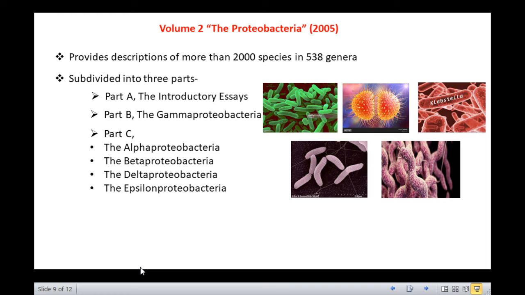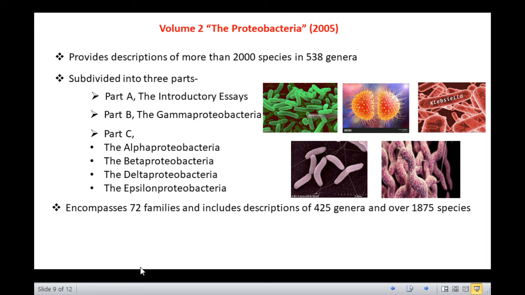The volume on the Proteobacteria provides a comprehensive view of the Proteobacteria, the largest prokaryotic phylum. At present, there are roughly 6,250 named species of bacteria, and the Proteobacteria represent the single largest phylum. It encompasses 72 families and includes descriptions of 425 genera and over 1,875 named species.